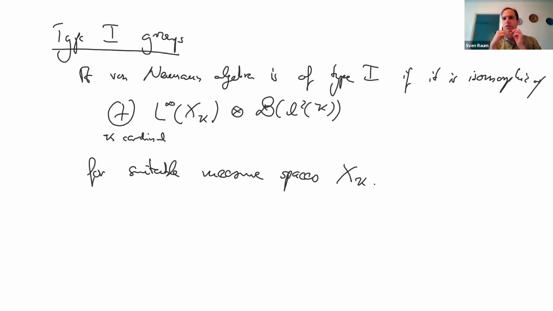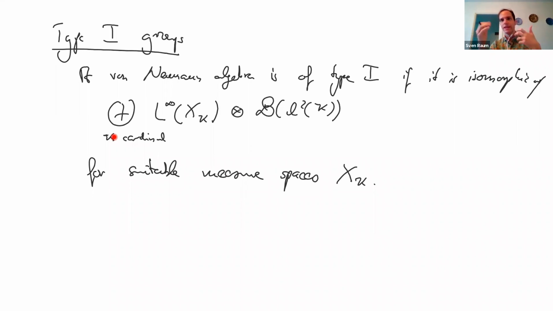Okay, so ultimately this should be 0, of course. I'm a little bit sloppy here in terms of cardinalities, or well-definedness, taking a direct sum over all cardinals. But typically we would get a direct sum over some measure space, tensor matrices, plus another measure space, tensor larger matrices, and so on, plus L infinity of yet another measure space, tensor B of L2 of N, the natural numbers.